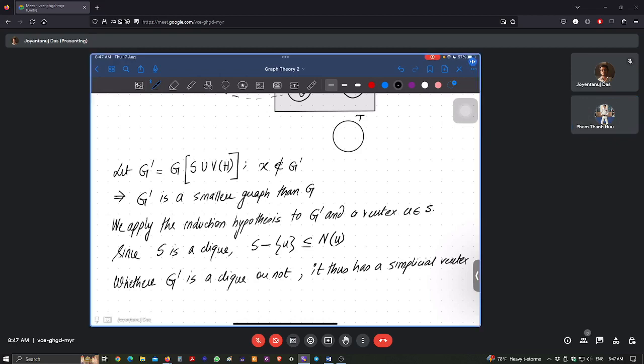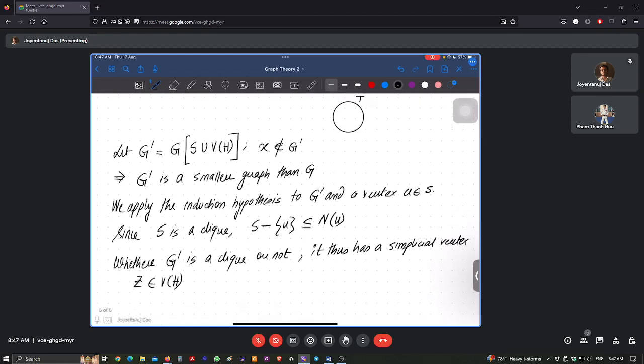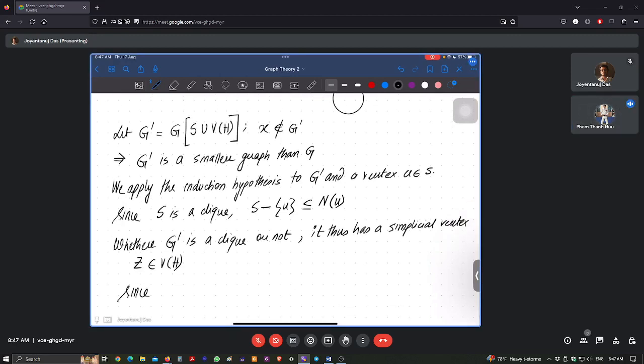It has a simplicial vertex Z belongs to vertex of H, right? Since the neighbor of Z is a subset of the vertex of G prime, it is a simplicial vertex of G also. The vertex Z is also a simplicial vertex of G prime, right?